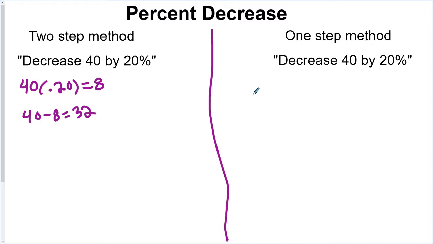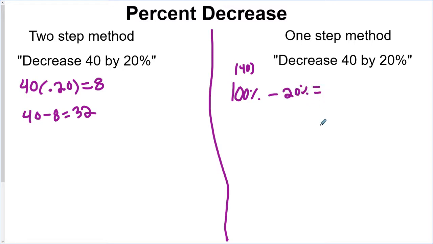So if I think about this in terms of percentages, I start out with 100% of what I want, right? That's the 40. I start with 100% of what I want. I want to decrease this by 20%. I want to decrease this value. Remember, this is actually 40. I'm just thinking about it in terms of percentage. So I have 100% of what I want. I want to decrease that by 20%.